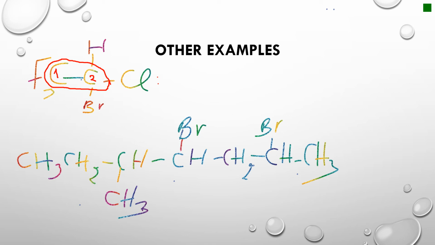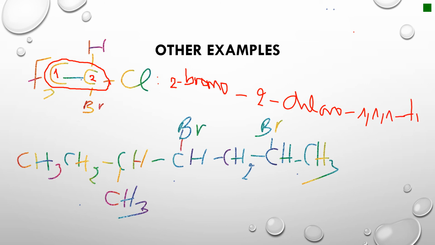That's why we start with bromine, 2-bromo, and then next is chloro, 2-chloro, and now we have 1,1,3-fluoro, and the parent chain is composed of 2 carbons, so it is ethane.